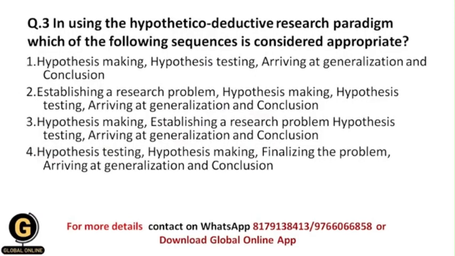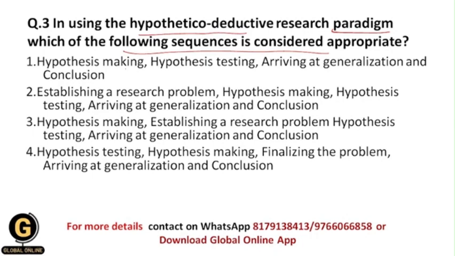Next is, in using the hypothetico-deductive research paradigm, which of the following sequences is considered appropriate? Okay, so whenever you are using the hypothetico-deductive research approach, you need to go through simple steps, those are the research steps. So what are the sequences of these research steps?